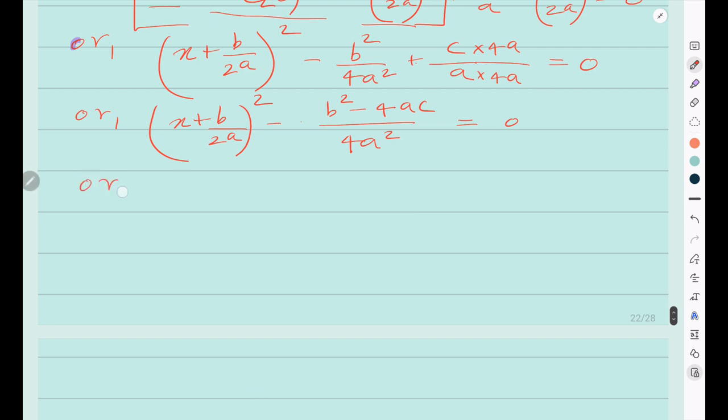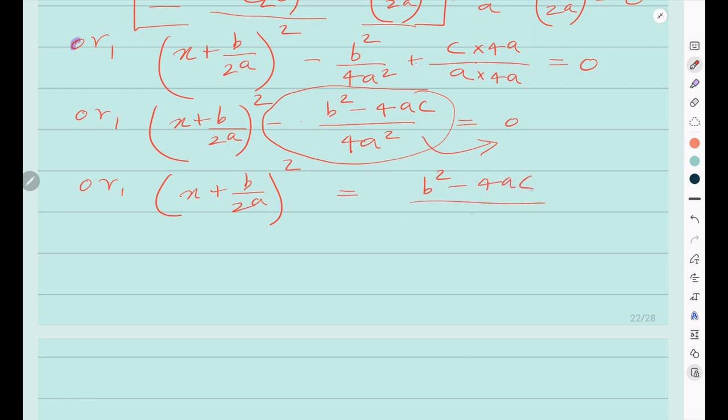Or x plus b divided by 2a whole square is equal to, now take everything on this side, b square minus 4ac divided by 4a square.